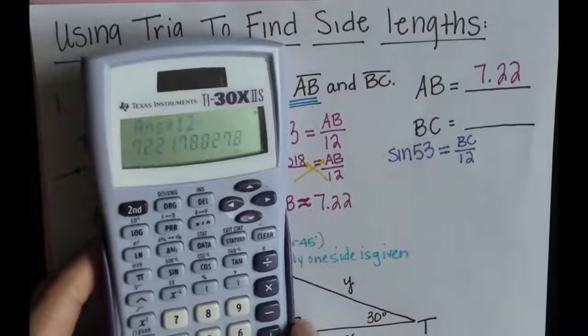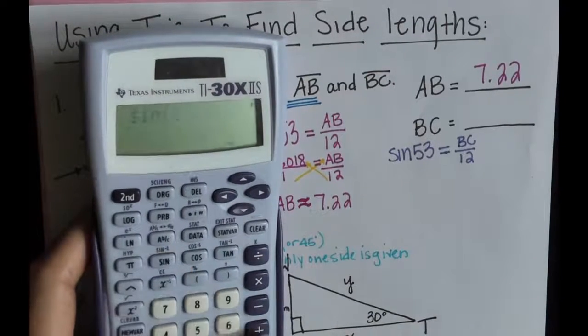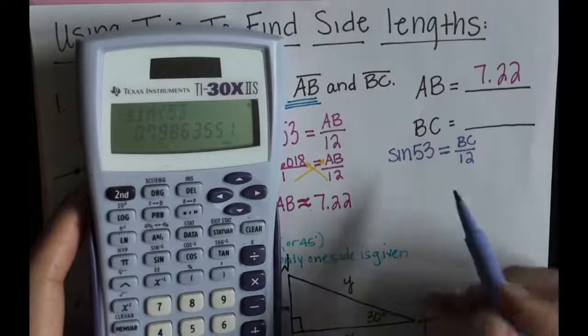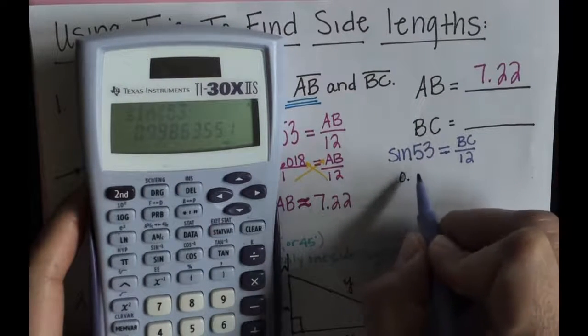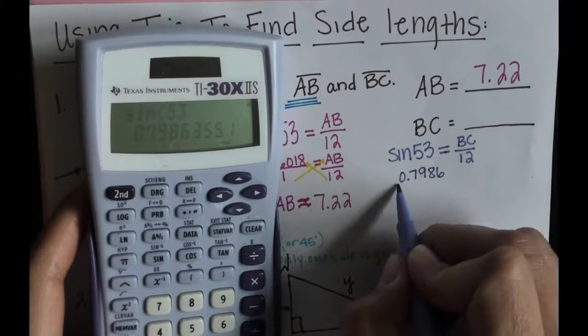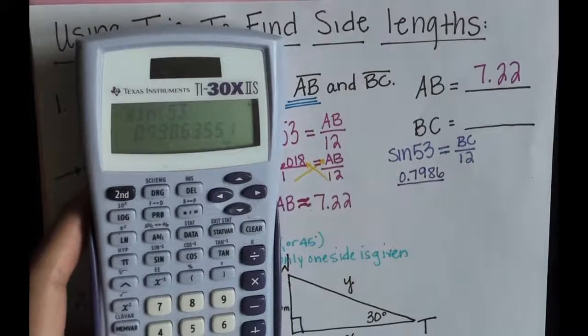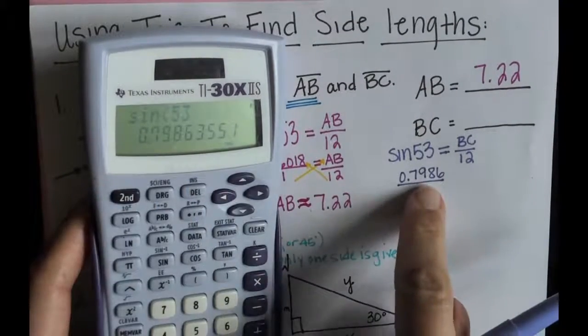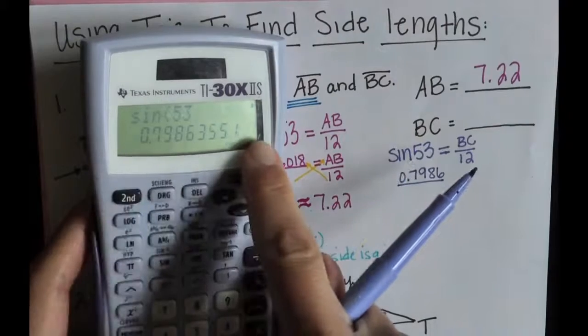And it's in decimal form again. So we have sine 53, enter. And that's going to give us 0.7986. Again, those decimal places are just randomly thrown down there because I'm not going to just use these. I'm going to use all of these.